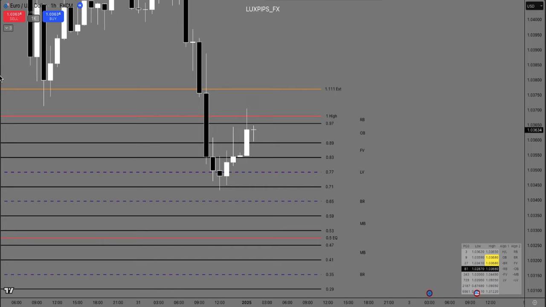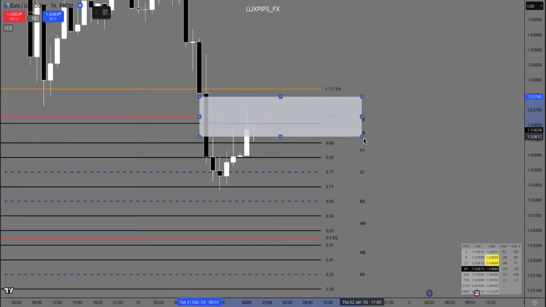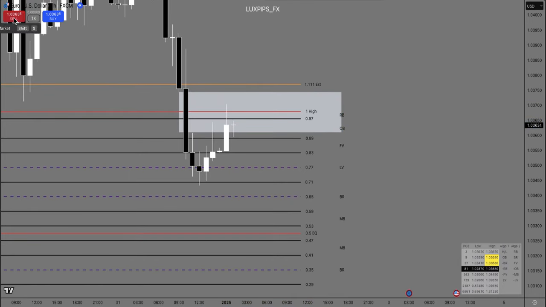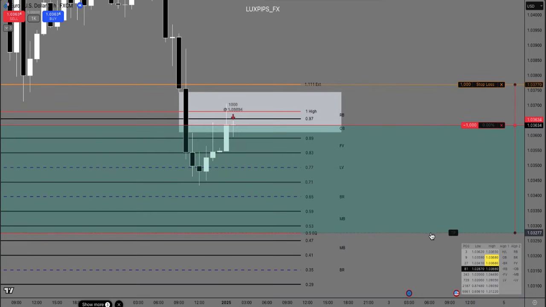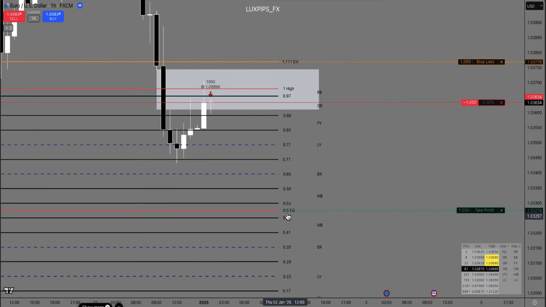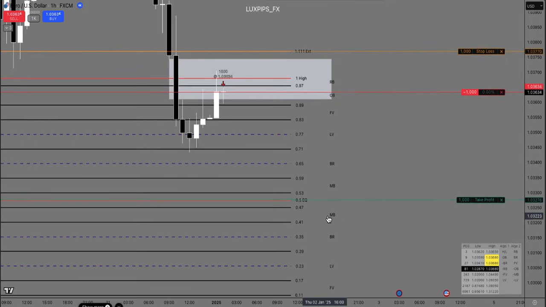So here we've got the Algo 2 sequence. It's a very nice CPU right here, right? I believe right here, take a sell trade. I'm going to put a stop loss above the extension or near the extension, TP at the EQ. The EQ is a very, very powerful draw on liquidity.